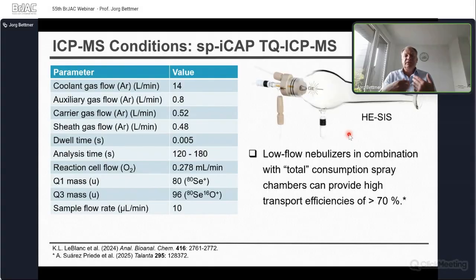So basically you need to check for each sample you're analyzing these transport efficiencies, but in some cases you can get really high ones, up to 90% in some cases, and this of course gives you much more information about the sample in comparison to a system where you have very, very low transport efficiencies.